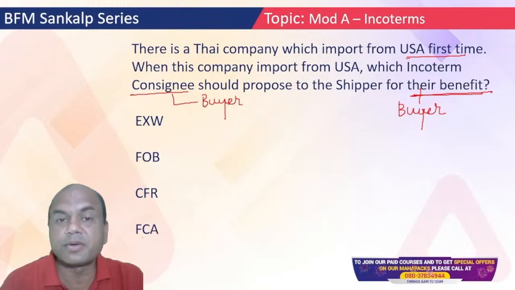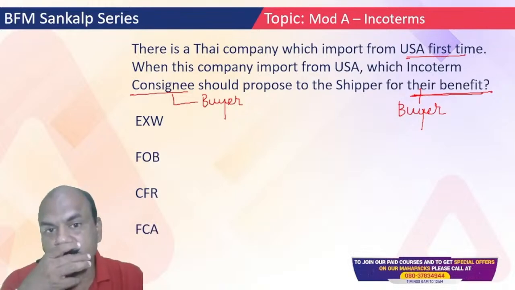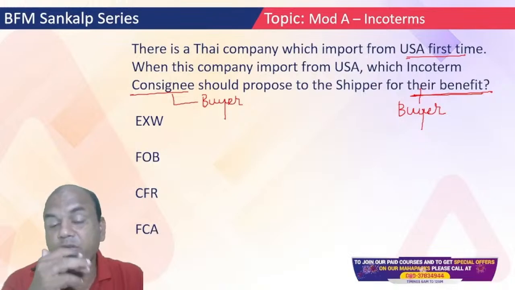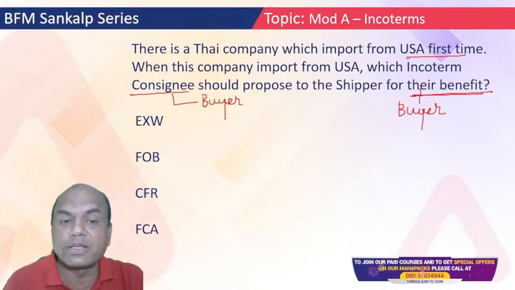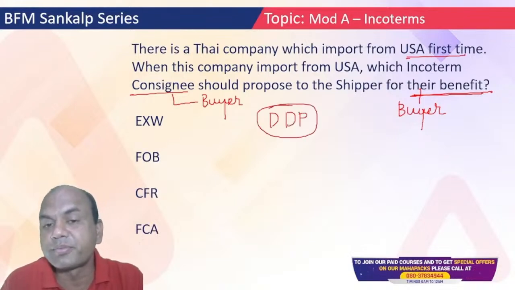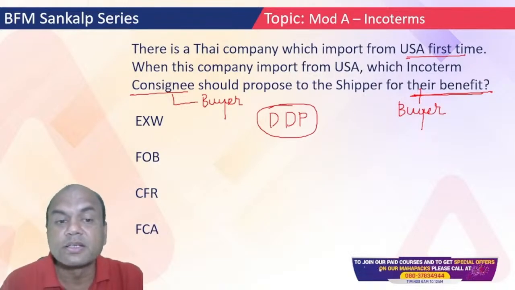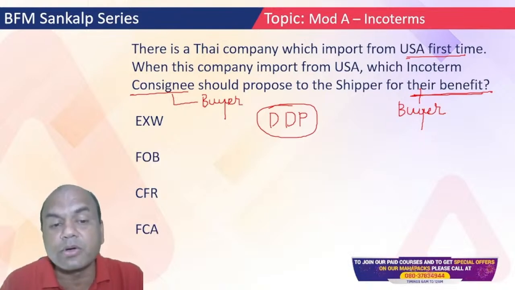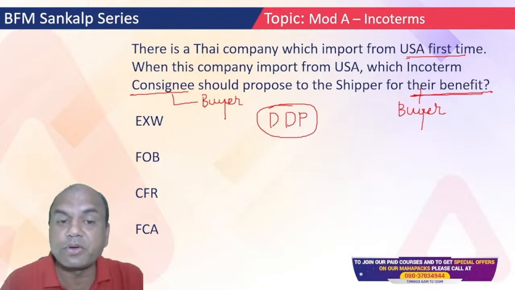Now, what do you say about this? Now you are having the problem. All of you might be thinking, sir, the best one is DDP for the buyer. But there is no DDP given over here. So the right answer is DDP, but no DDP is given. But what is the answer then? See here, we have to choose the best among these. Ex Works means what? It is the best for the seller. FOB means what?